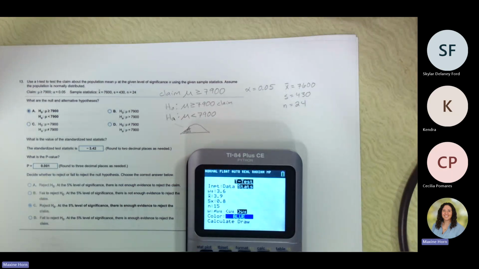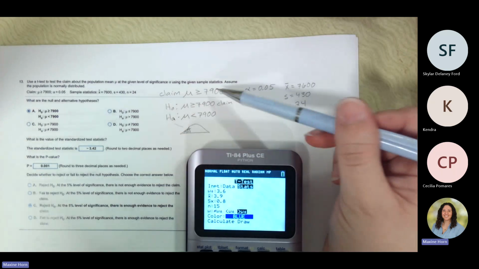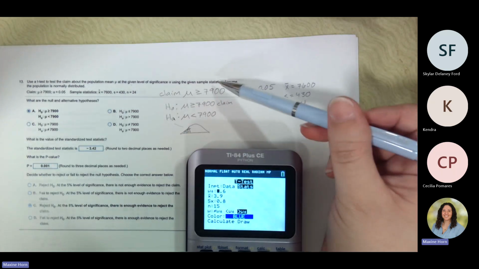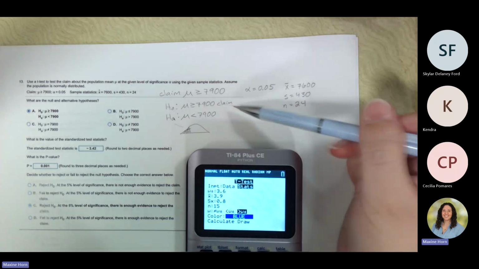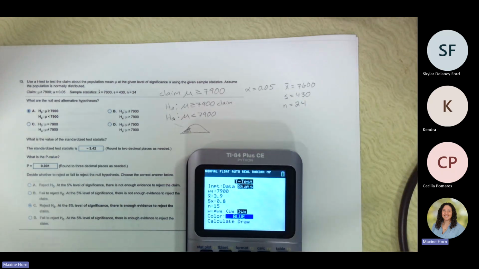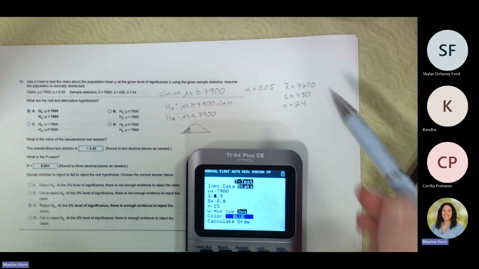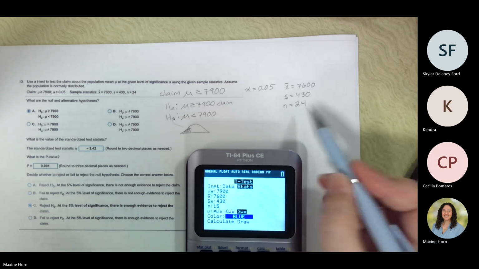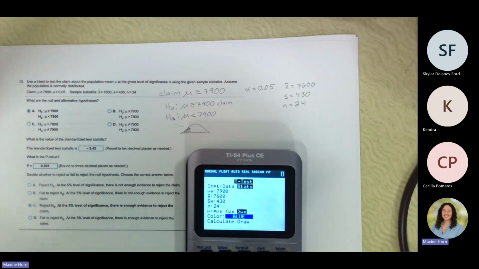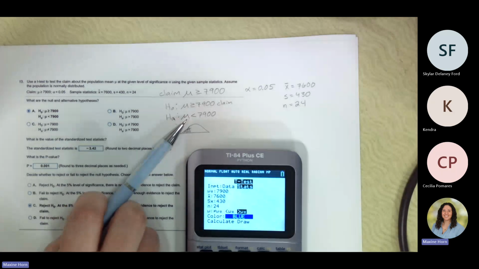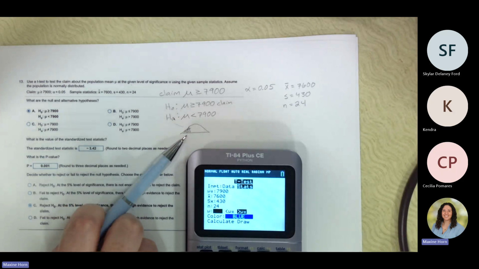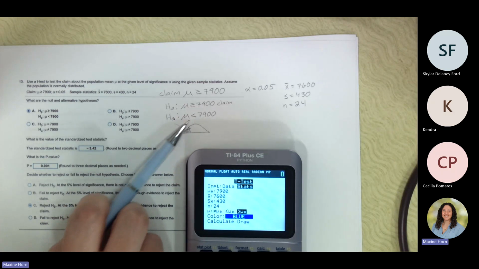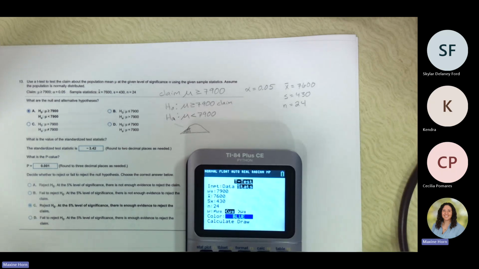So the number related to the claim, again, you can think of it like that, but it's essentially this null hypothesis, 7,900. The sample mean was 7,600. Sample standard deviation, 430. Sample size, 24. And then our graph is left-tailed, it's less than. Our alternative hypothesis is less than, and calculate.